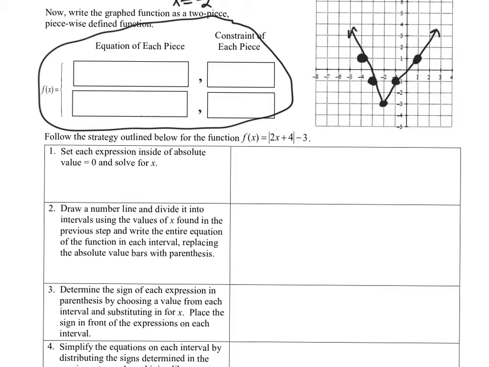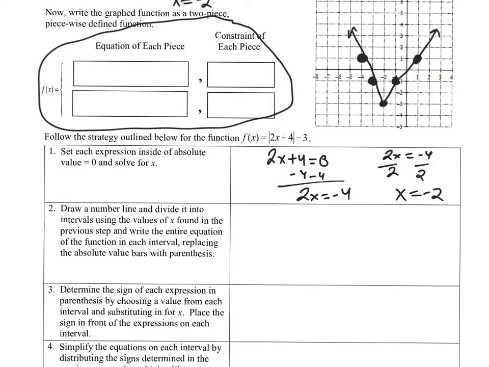So it says set each expression inside the absolute value to 0 and solve for x. Okay, that's what we just did to find x. So we have to do 2x + 4 = 0, and then solve for x. Subtract 4, and we get 2x = -4, and then divide by 2, and x is negative 2, okay?